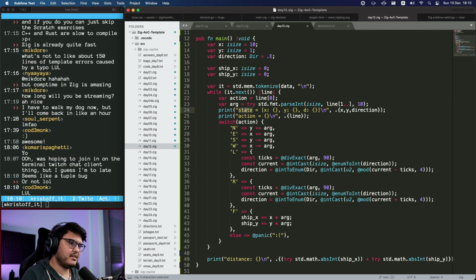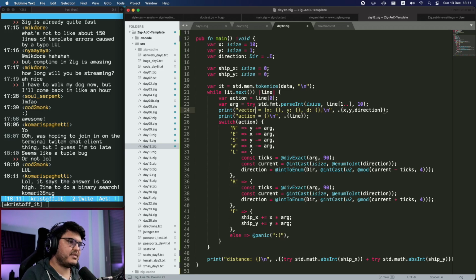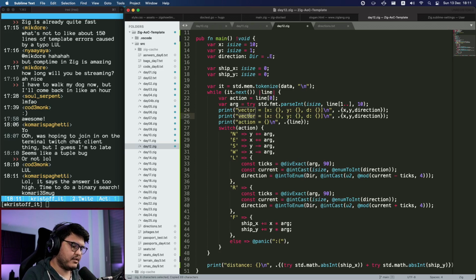State is, let's say, vector state, and then vector and ship. And ship doesn't have a direction anymore. And maybe it is this ship direction that I'm not thinking about, and that's what's killing me.